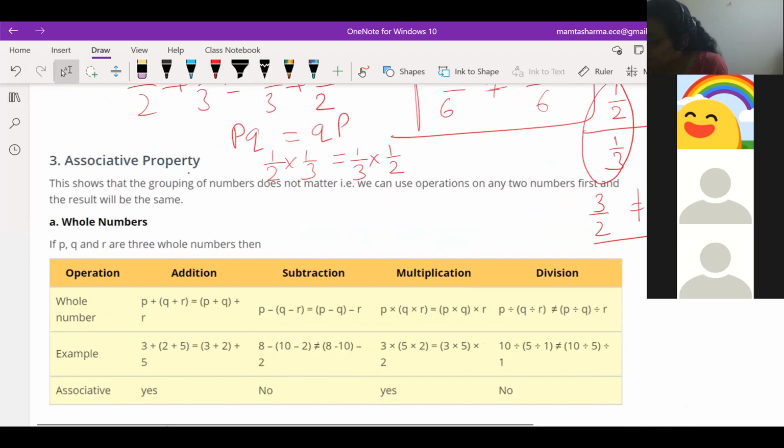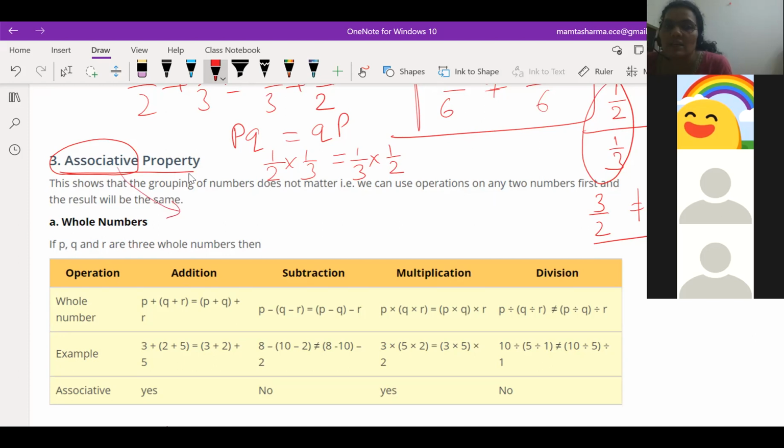Okay. Now come to the next property, that is the associative property. What do you mean by associative? There are three terms in it, ma'am. Associative means there will be three terms, and they will be shifting in brackets and outside the brackets. The basic thing we are doing here is grouping, association.